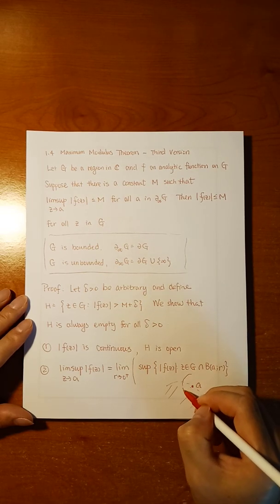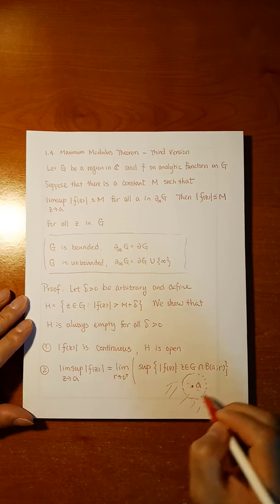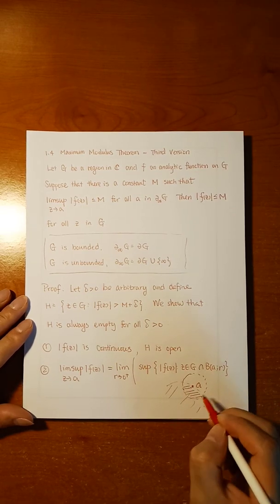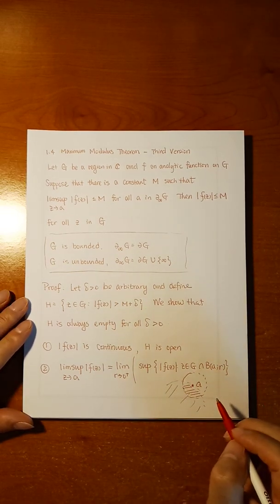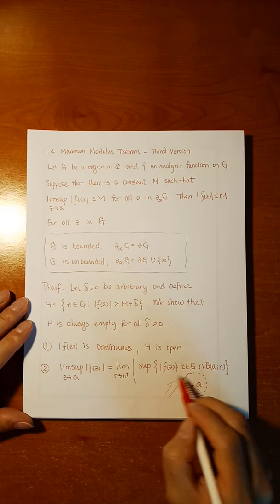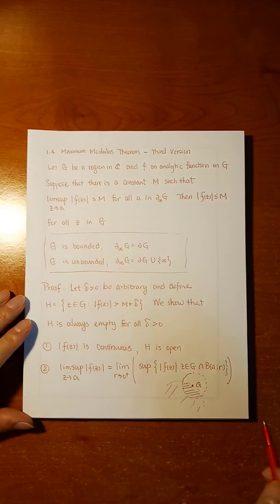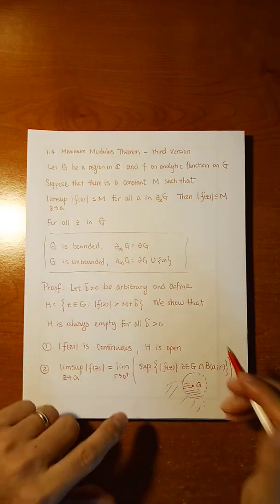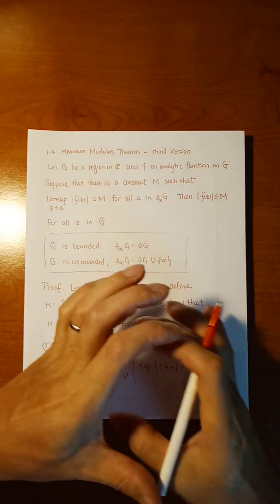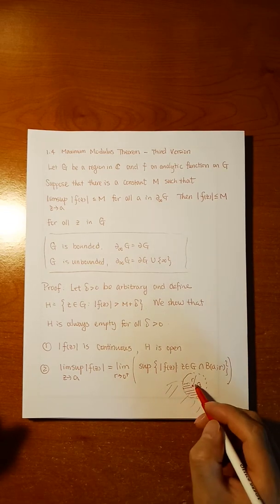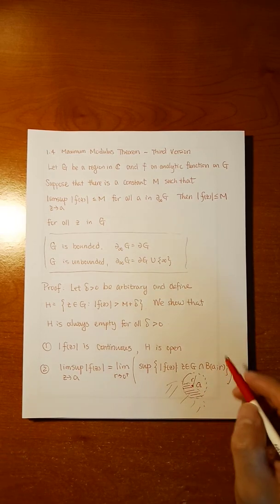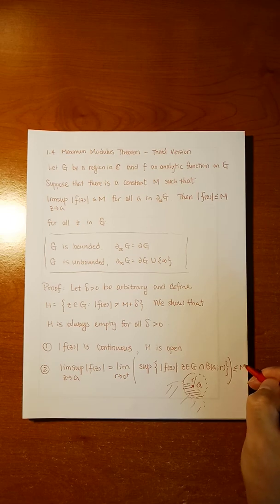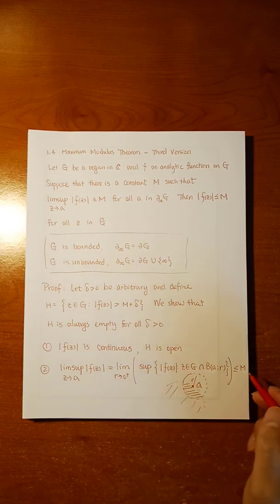Then you pick an open disk, and these are the points you select for the evaluation of the supremum. Then you compute this supremum, and then you shrink this r to 0. That's why we understand it as the behavior, or the limit, at a. And this one is less than or equal to M. That's the definition of a lim sup.